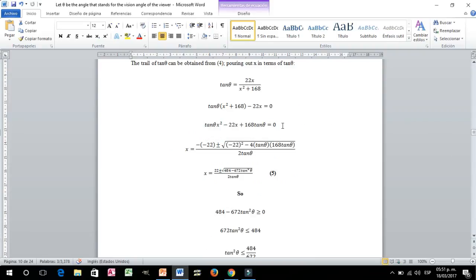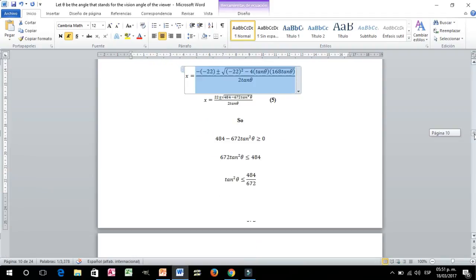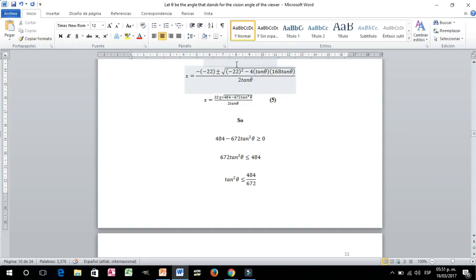After we pour them out, we obtain a second degree equation, which we write over here, and as the determinant, which is the value inside the square root, cannot be negative, we can determine a set of values in which tangent can be found, which are these ones.